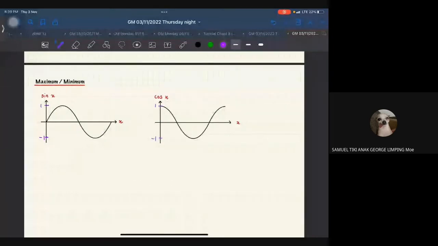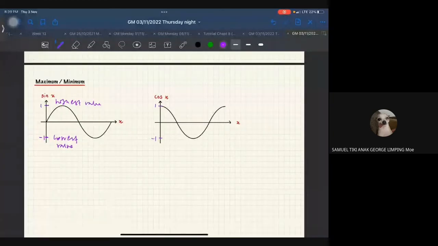Okay, so saya guna perkataan value sebab value tu stand for y. Okay, so this is highest value. Okay, so this is lowest value.